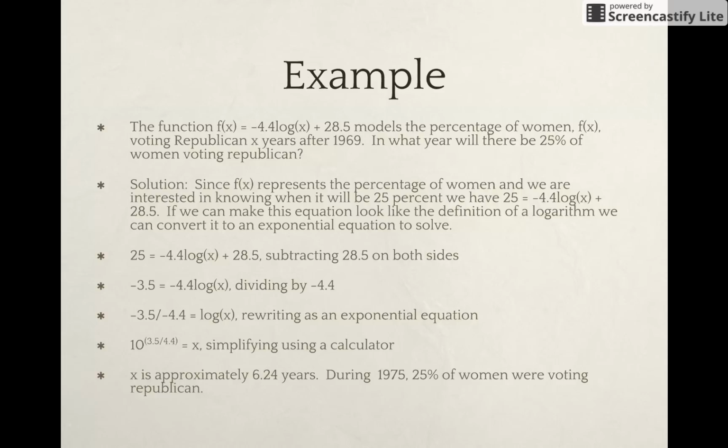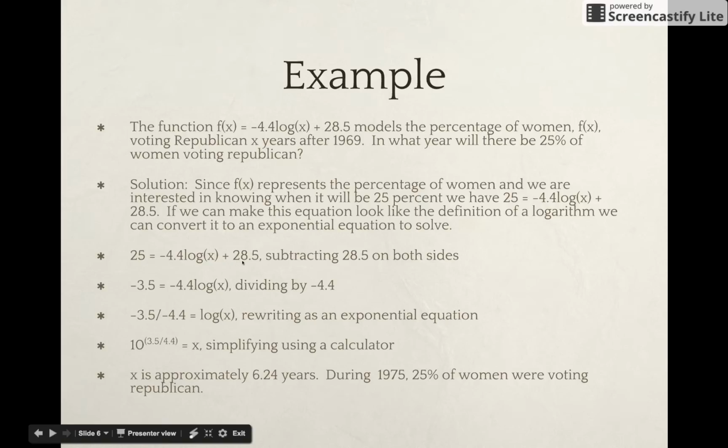To solve this kind of equation, we will still use the definition of logarithm. And in this case, since it is logarithmic already, we will convert to an exponential equation. Before we can do that, we have to make this equation look like the definition of logarithm as stated in App 5. That's going to require us to have the logarithmic expression isolated.